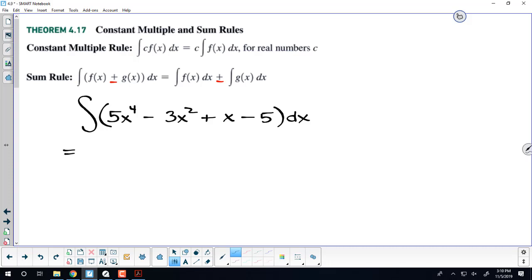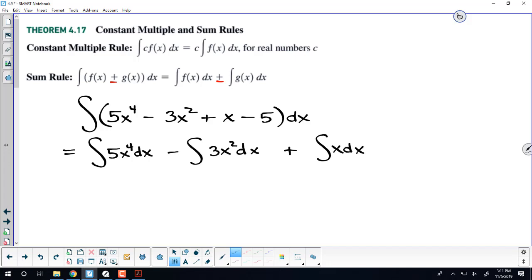And maybe in practice you don't write all of this out, you just kind of do it individually. But we'll write this out as that theorem 4.17 says to do. And then we can look at those individually as far as antiderivatives go.